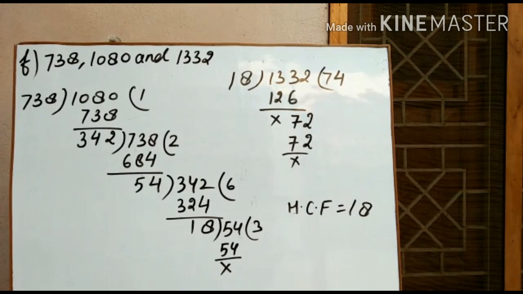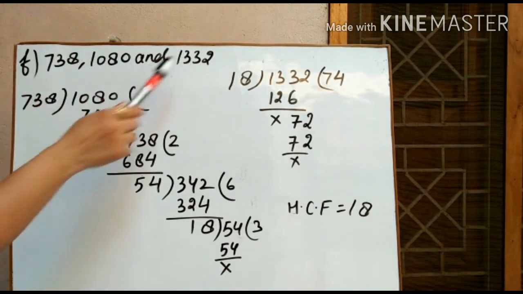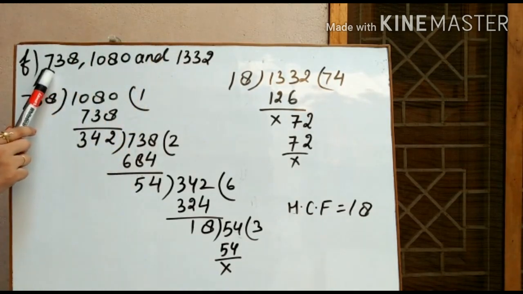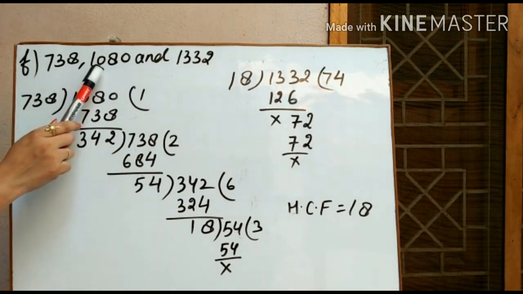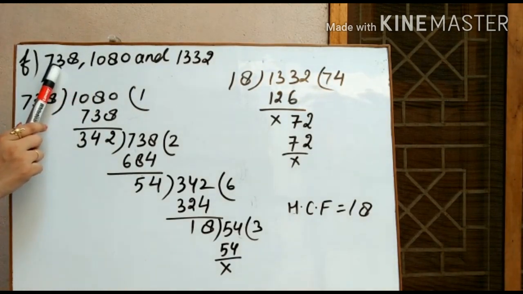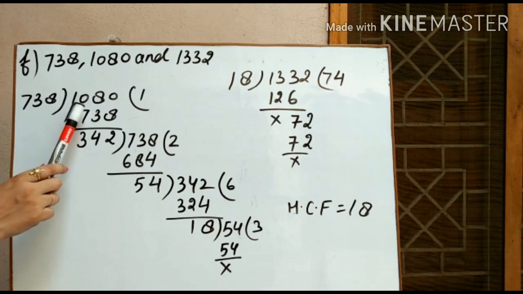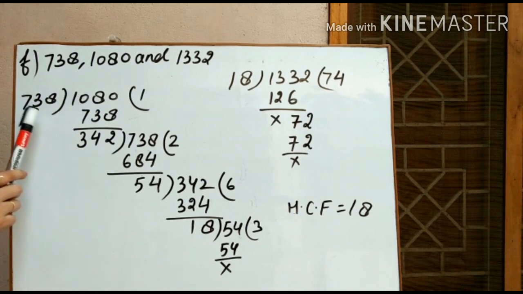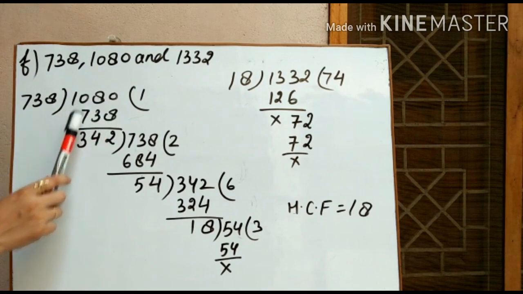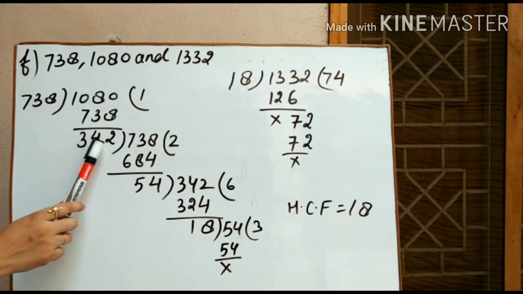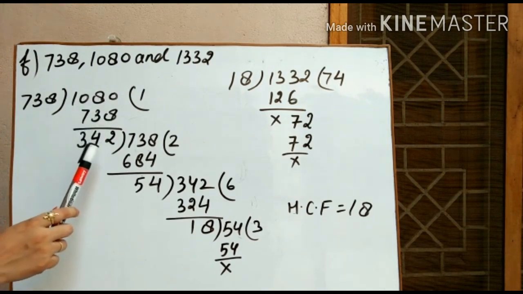Next question is F. Out of this number, this one is the smallest number and this one is the greatest. After this, we will take 738 as divisor and 1018 as dividend. 738 1 ja 738. After subtraction, we will get 342 as remainder.